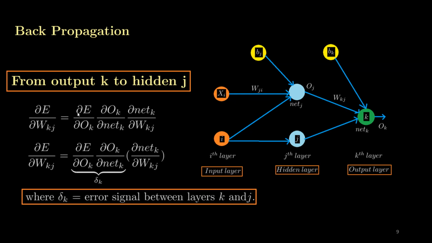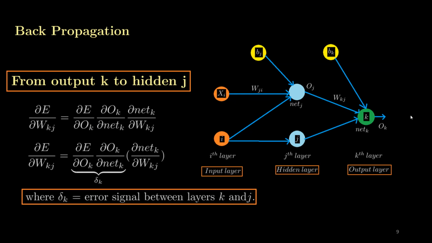So the equation will be dE by dOk. That is, first we will find the rate of change of error with respect to Ok. Then we will find the rate of change of Ok with respect to net k, and then net k with respect to Wkj.